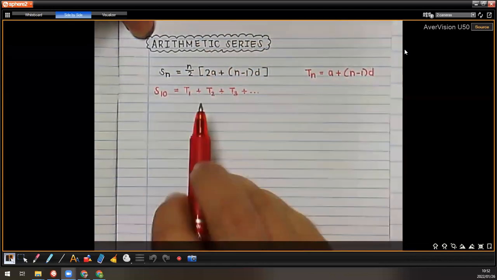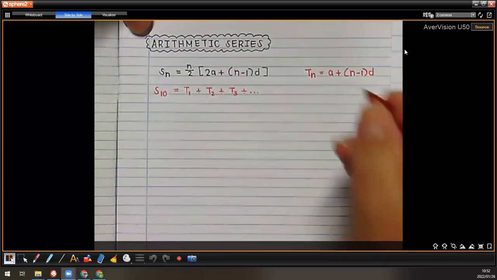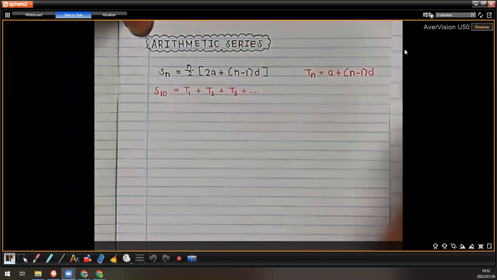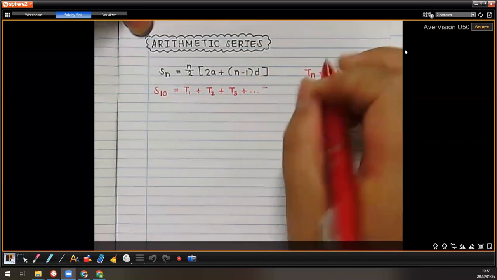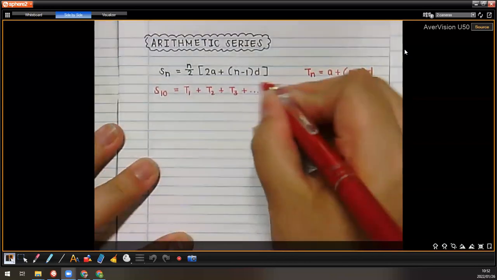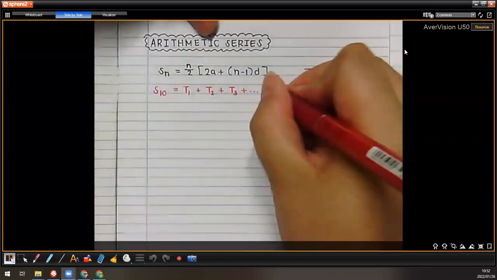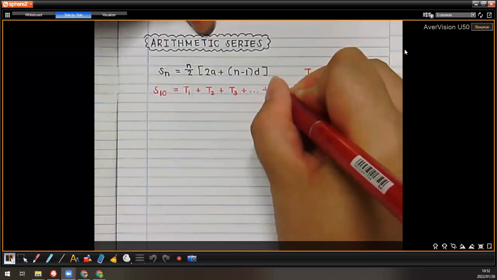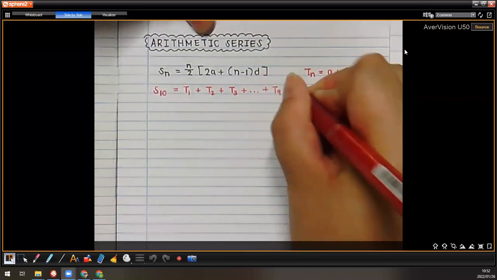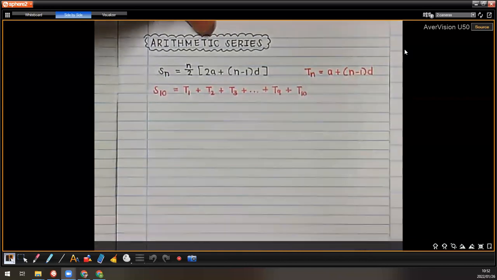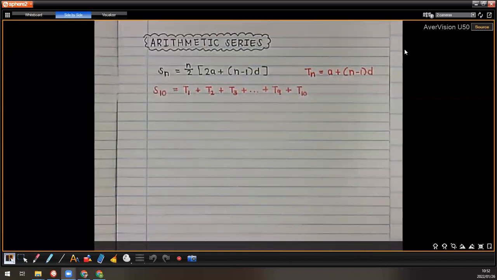You will start by saying term 1 plus term 2 plus term 3 plus a whole bunch of terms. Your second last term in this series will be term 9, and then the last term is term 10. Those are all the terms that you would have to be adding together.